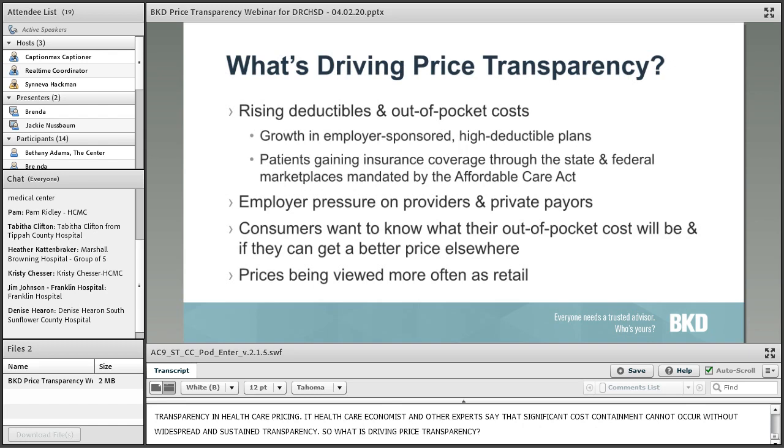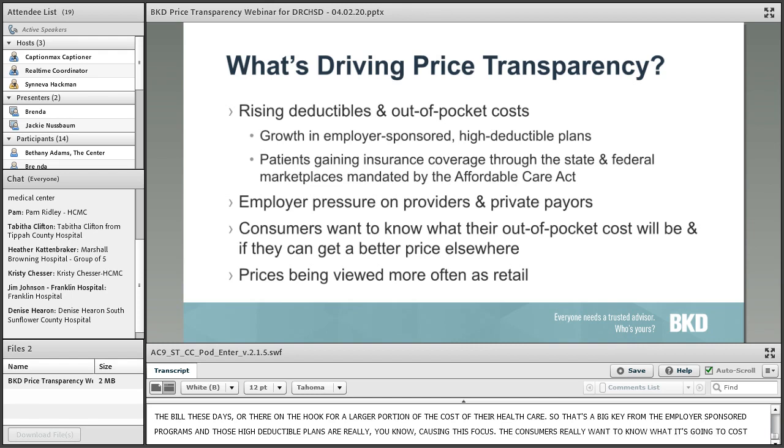So what is driving price transparency? There are a lot of things. We've listed some of those here, starting with rising deductibles and out-of-pocket costs. We know that consumers, the patients, are footing a lot more of the bill these days, and are on the hook for a larger portion of the cost of their health care. That's a big piece. The employer-sponsored programs and those high deductible plans are really causing this focus.